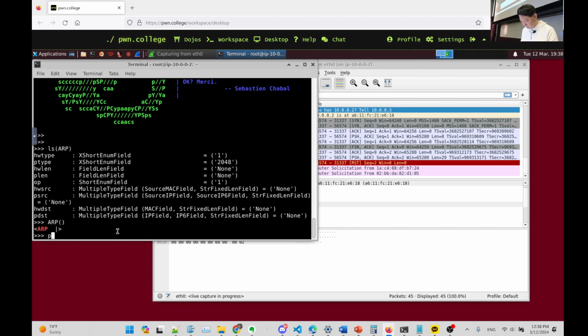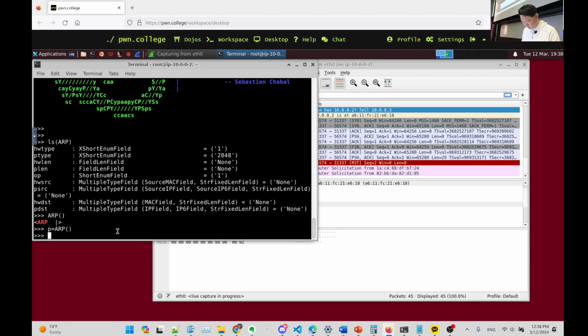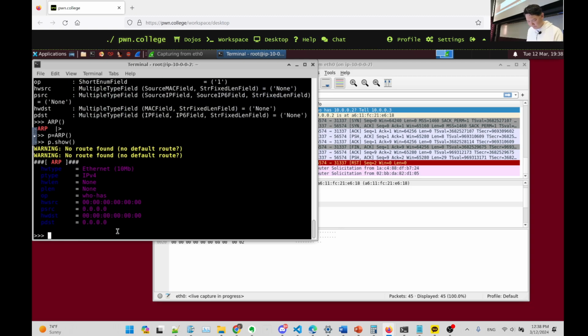We can check ARP this way with the show method. The color is almost invisible.